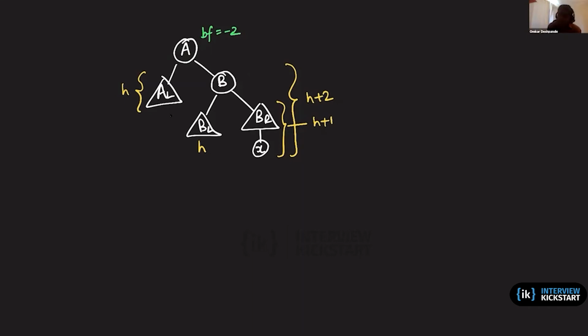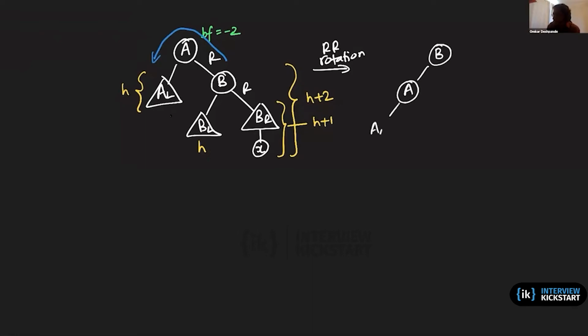Okay, so given that we have settled on what these heights are, we can do an RR rotation, which means B will come up and push A down.